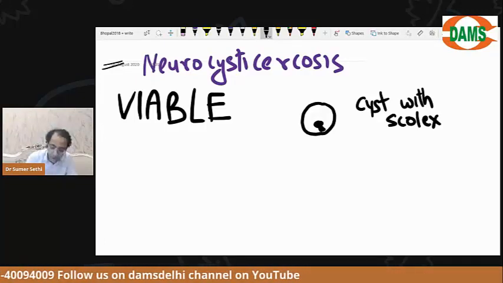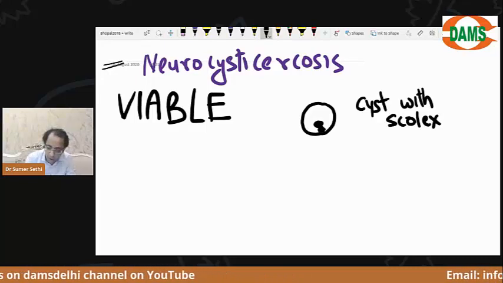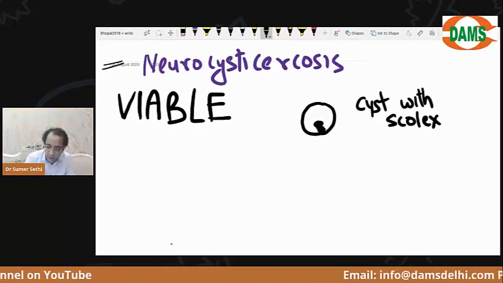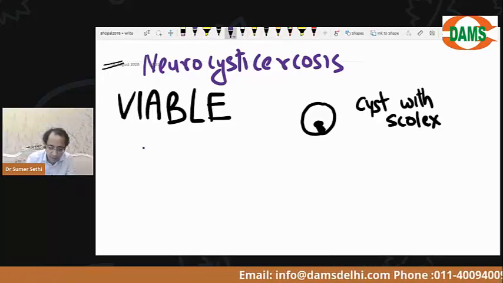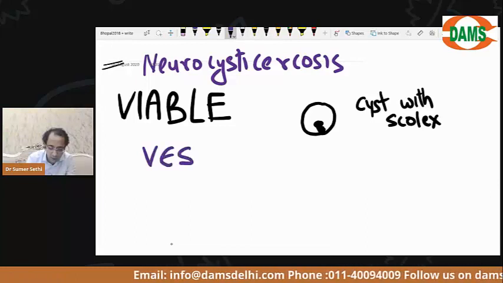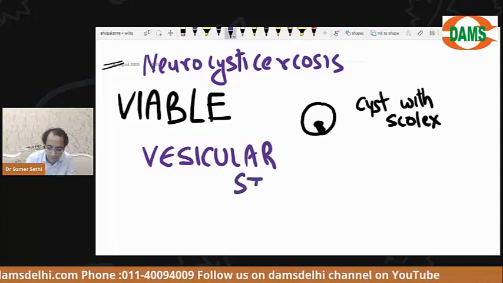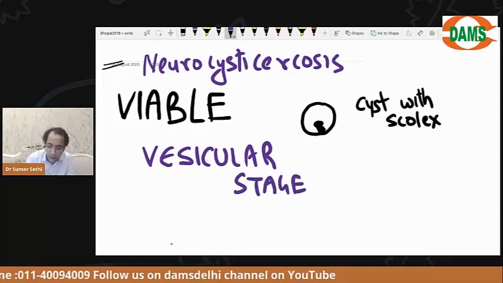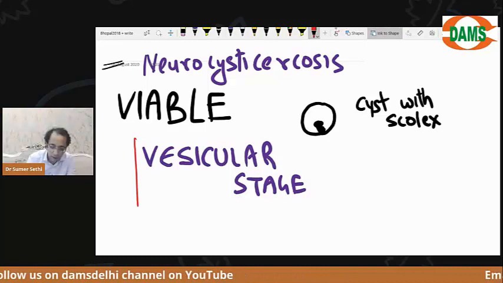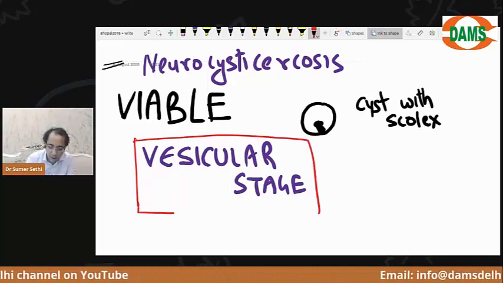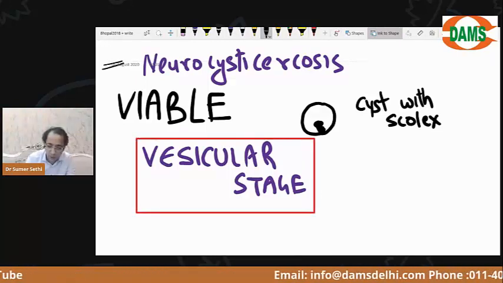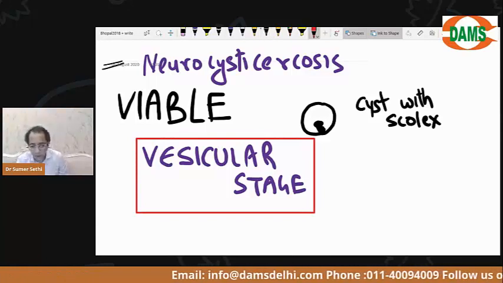Now tell me, a cyst with scolex appearance: this stage of NCC is called the vesicular stage. If you forget, what does vesicle mean? Vesicle means something which is filled with clear fluid. Cyst means something which has clear fluid.